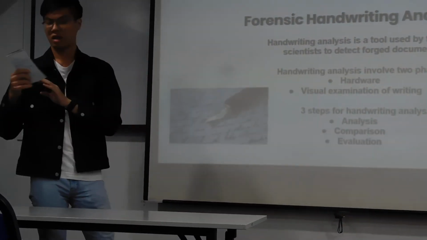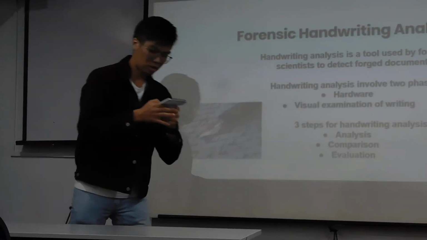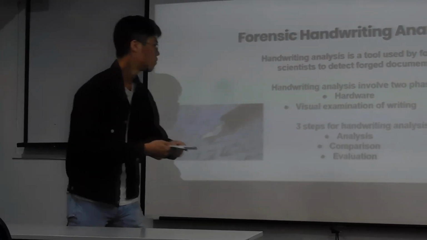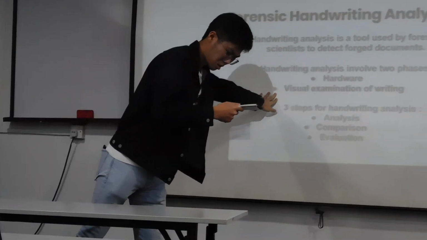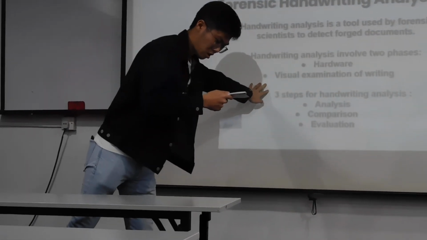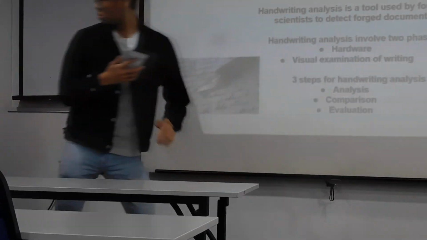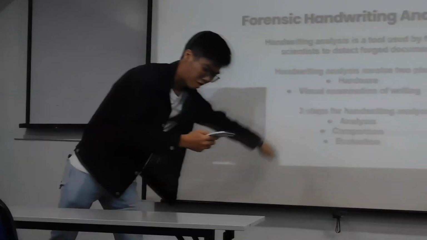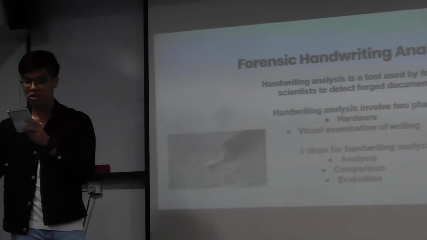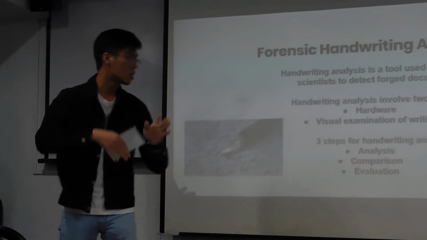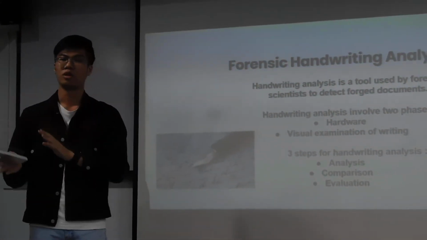They will evaluate the similarity of both samples. So if there is no difference, it's a good indication of a match, and if there are differences, it's a good indication of a no match, for a false document.